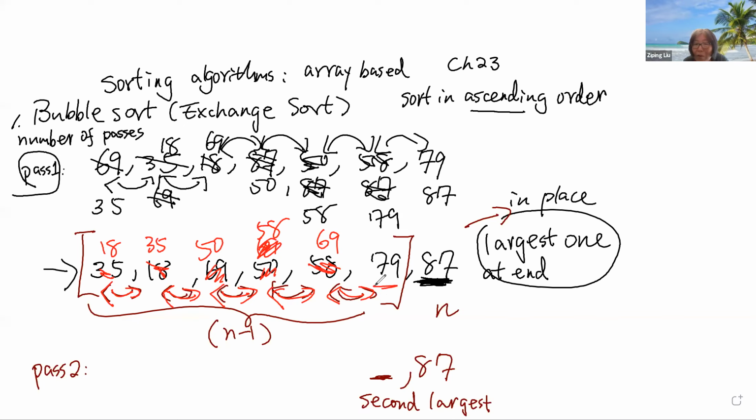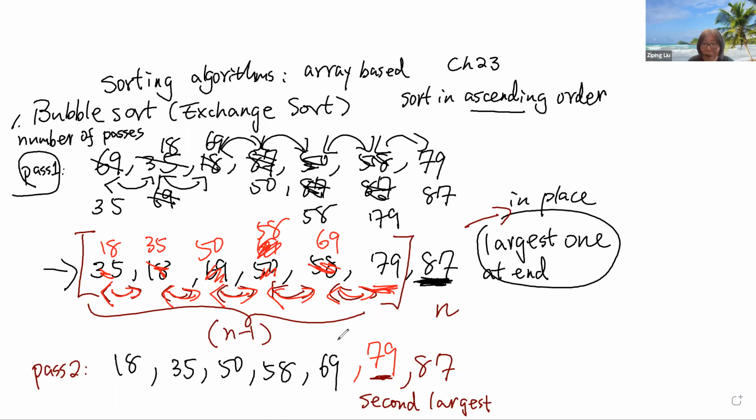So 79 does get put at the second place, in reverse order. So it's placed in its place. And the remaining numbers, we can copy down: 18, 35, 50, 58, 69.